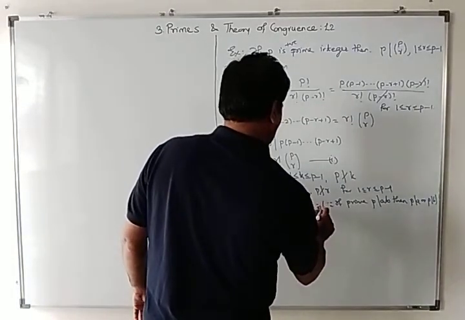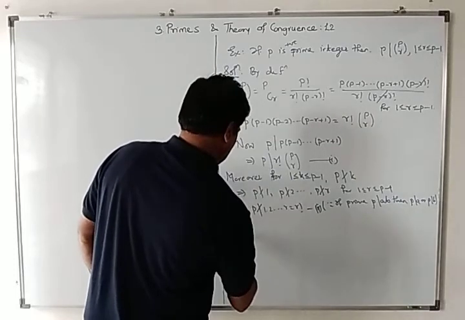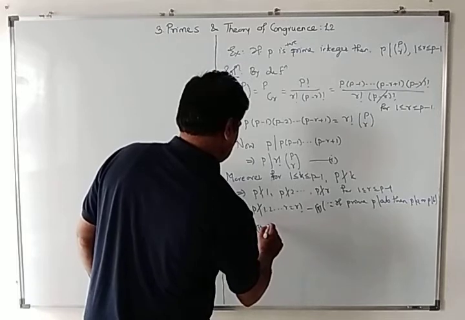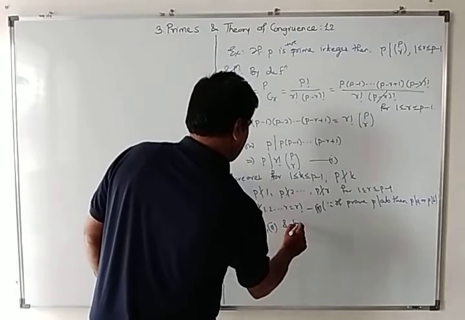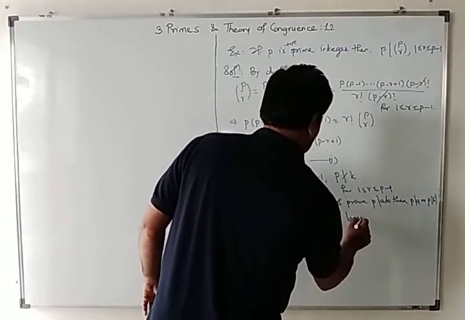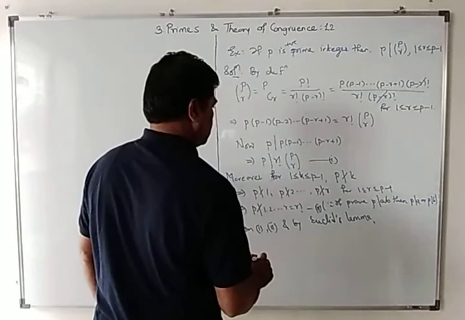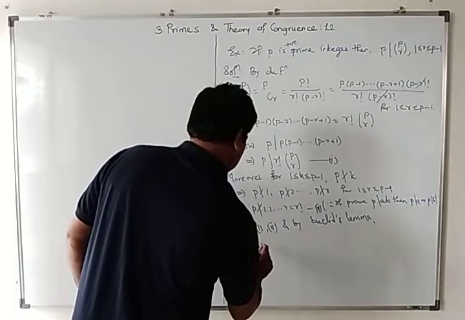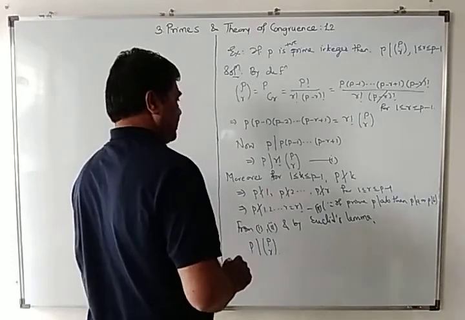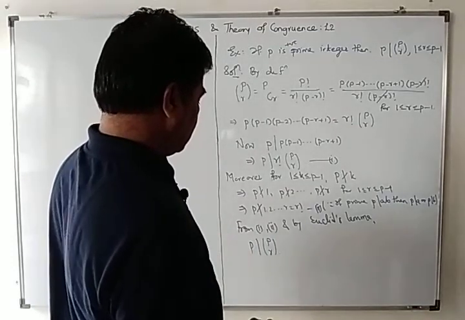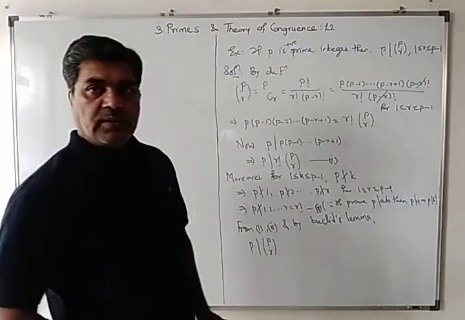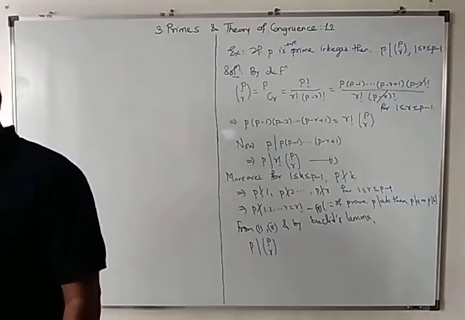So, from 1 and 2, and by Euclid's lemma, p must divide pCr. Is it clear? So, thus the result is proved.